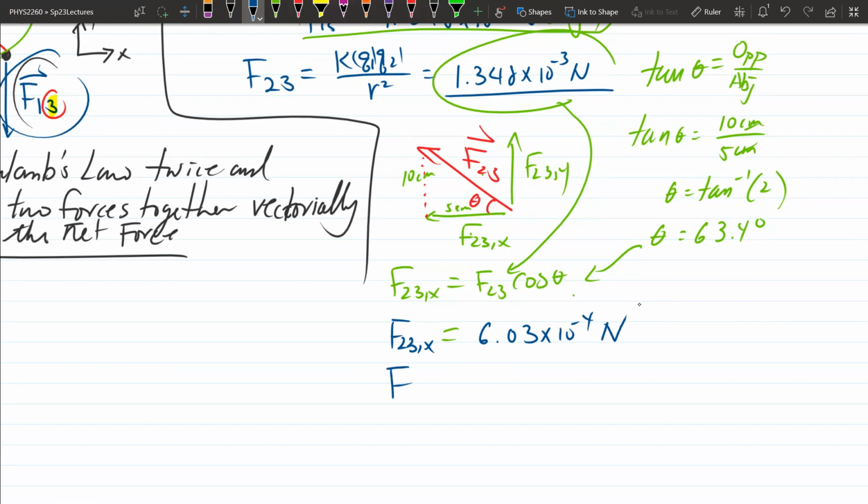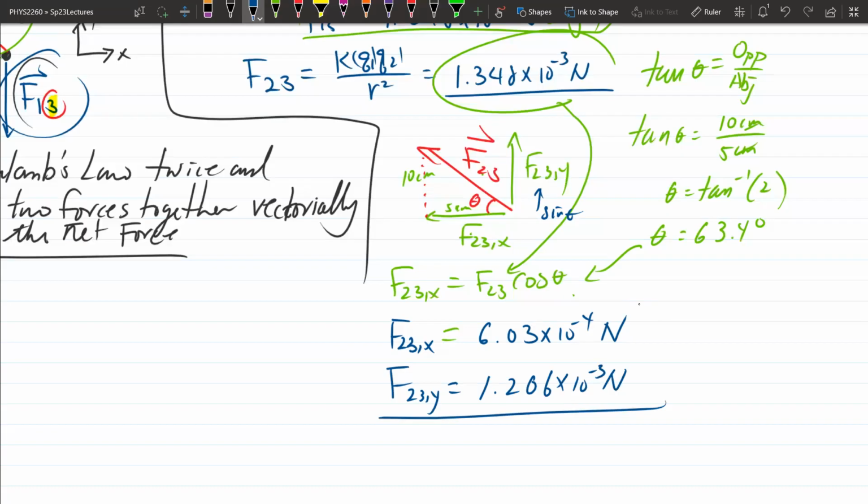The y component is just going to be the sine theta version of it. So 2.3y, change this over to sine, is 1.206 times 10 to the -3 newtons.